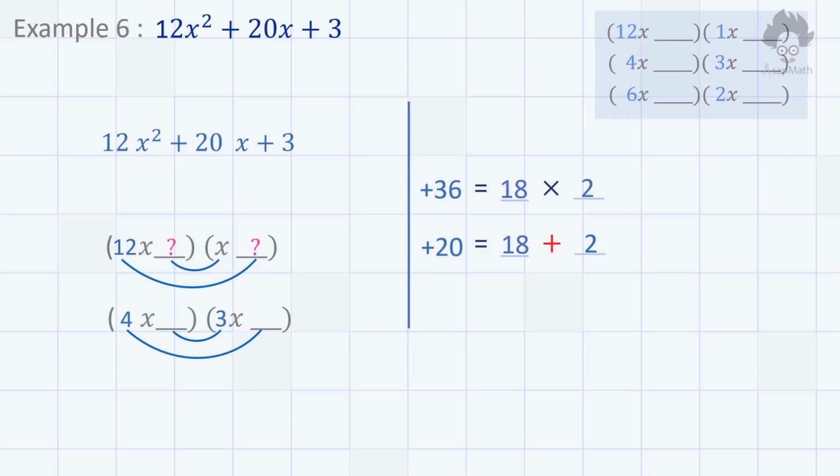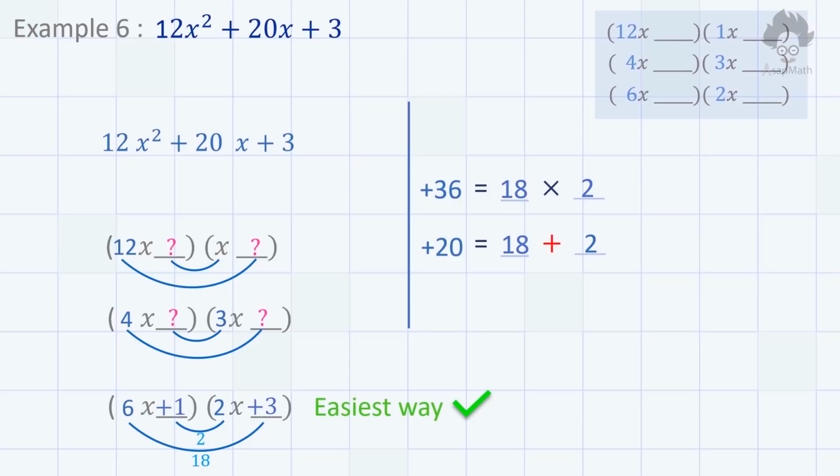Here also it is difficult to get 18 or 2 because again we need to multiply 4 by a decimal number to get 18 or 2. The only option left is the third method. Yes, it is feasible because we can get 18 by multiplying 6 by 3 and 2 by multiplying 2 by 1. So, the third method is the easiest way.